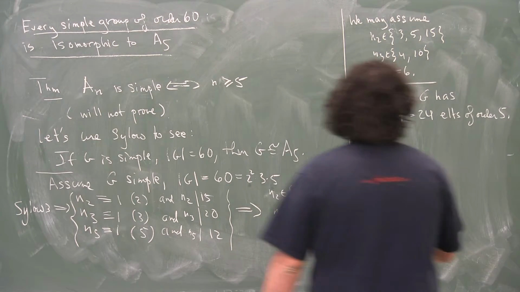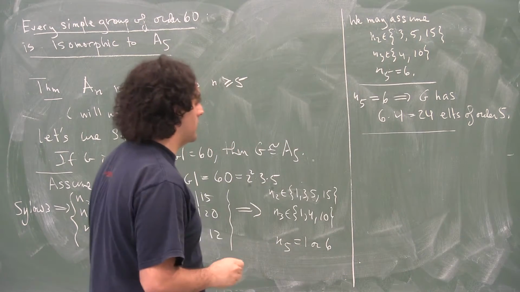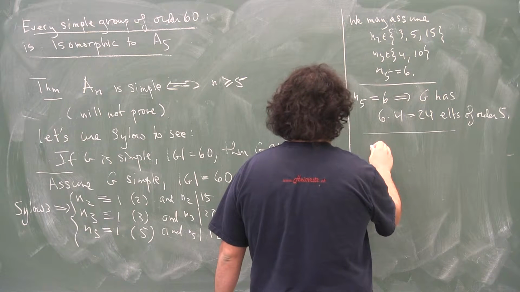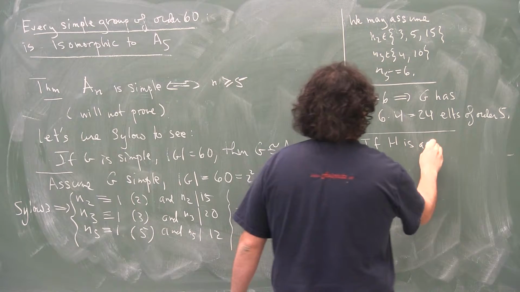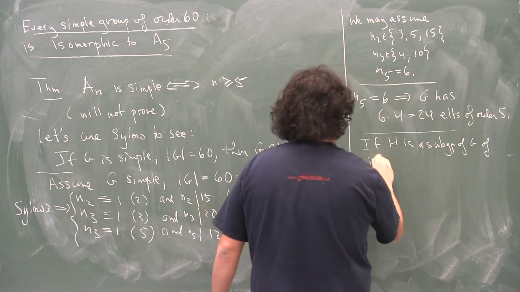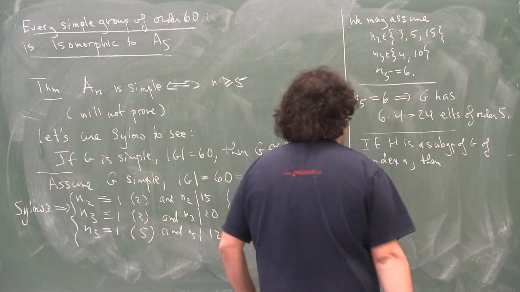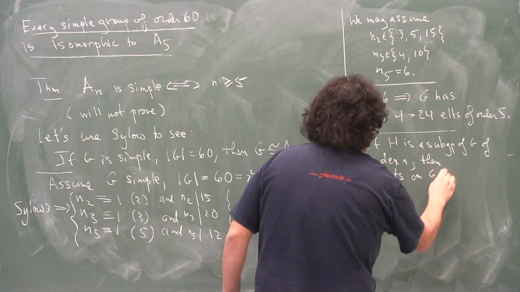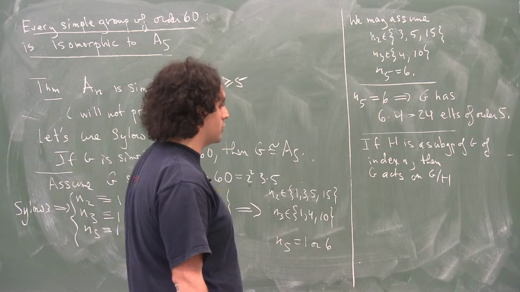Okay, but this is not yet getting close to 60. So what we do now is we have to use permutation representation. So if H is a subgroup of G of index n, then G acts on the cosets, the elements of G mod H. That was one of our fundamental examples of group actions.